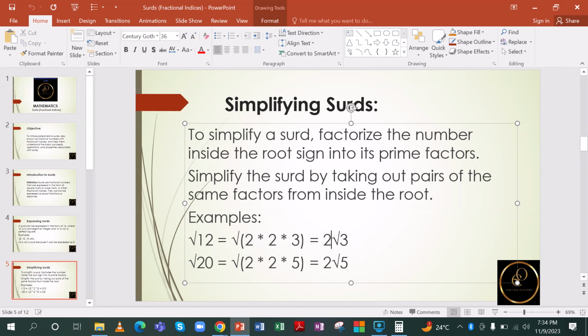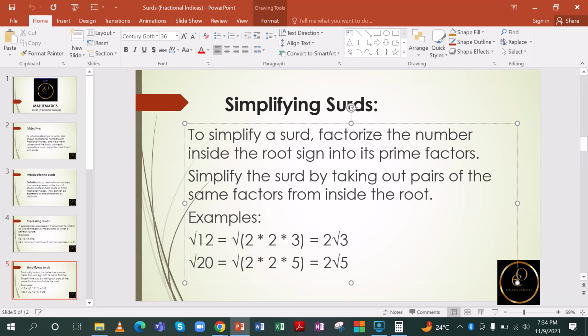If you get 2, you bring it outside the square root sign. So it comes out here, that will be 2. That will give us 2 times the root of 3.